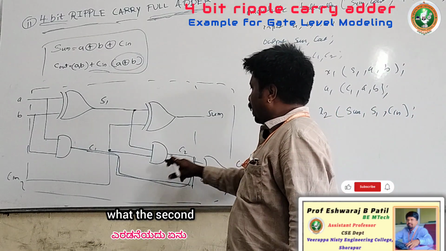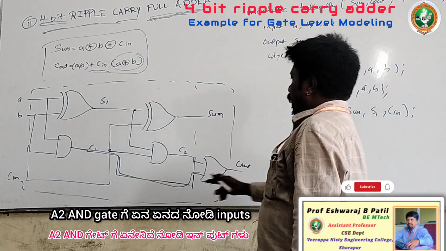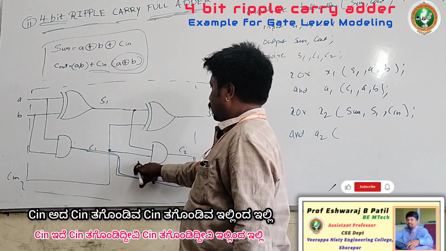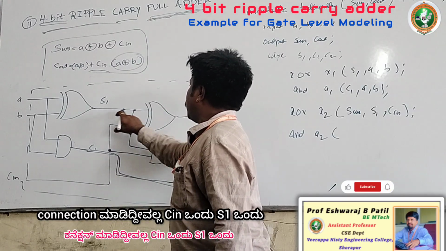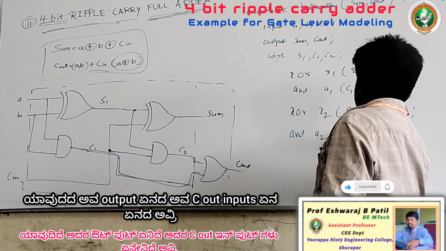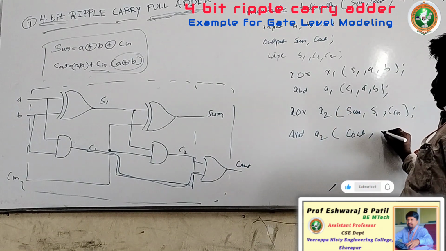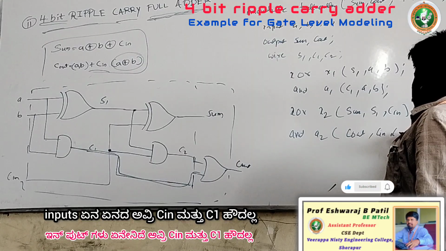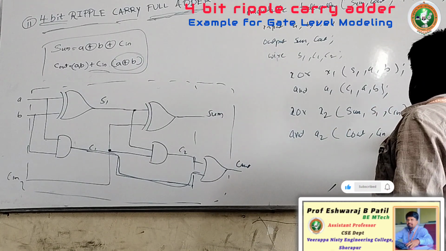Okay, next is the second AND gate, that's A2. The inputs are Cin and S1, and the output is C2.